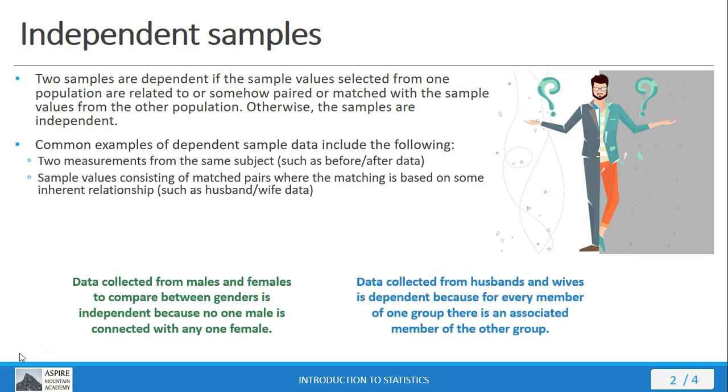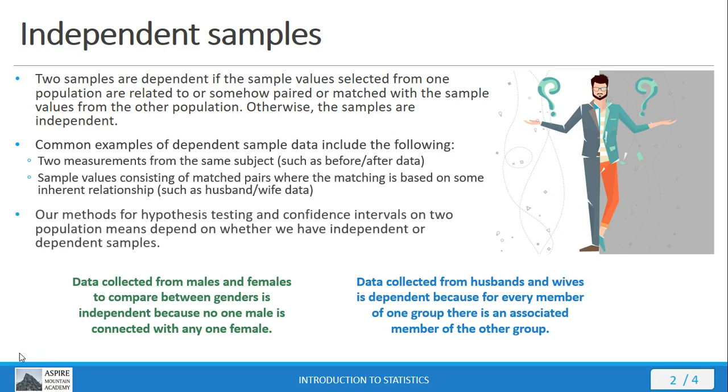But if we collect data from husbands and wives, now the data are dependent because for every member of one group, there's an associated member of the other group. For every unique member of the husband group, there's a unique member of the wife group that's paired with that data point. So there's a unique relationship that's pairing unique data points from the two populations together.